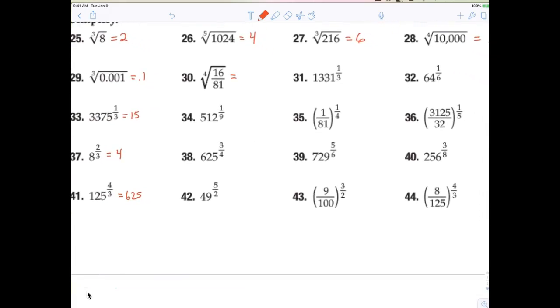Now here, remember, the way I want you to tackle this, the 4th root of 16 is what? 2. The 4th root of 81 is? Say it. 3. Perfect. Now, on your calculator, if you type in parentheses 16 divided by 81, close the parentheses, caret 1/4, it'll come up as a fraction.